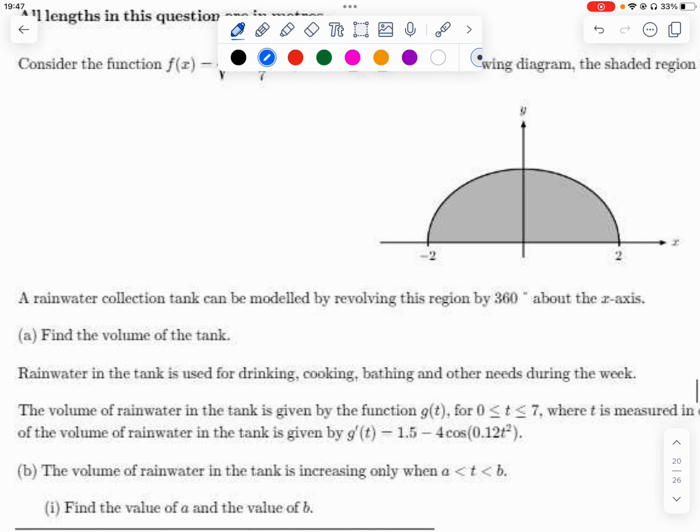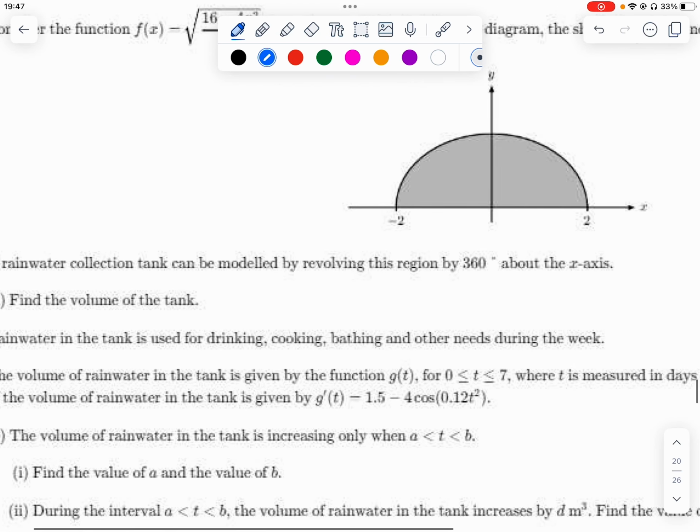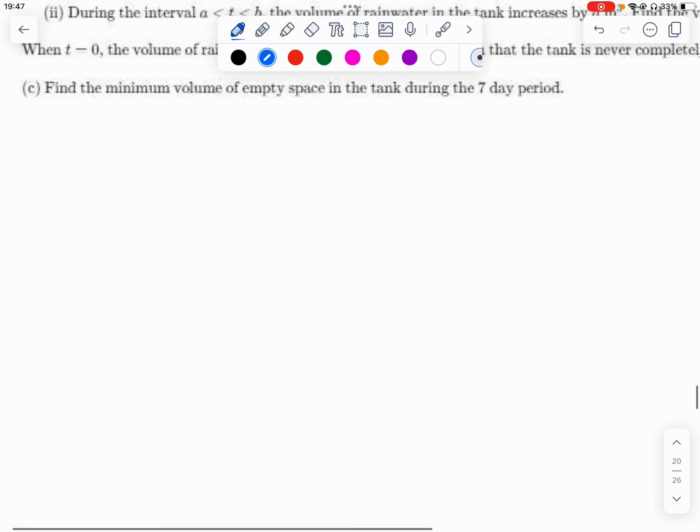What is he asking? Find the volume of the tank when it is rotated 360 degrees.